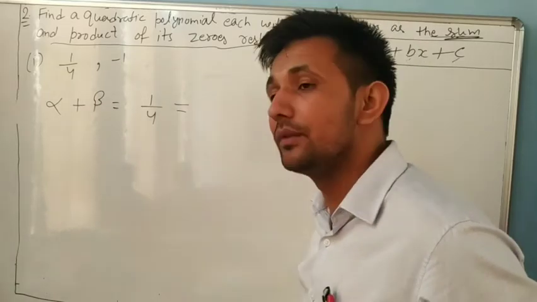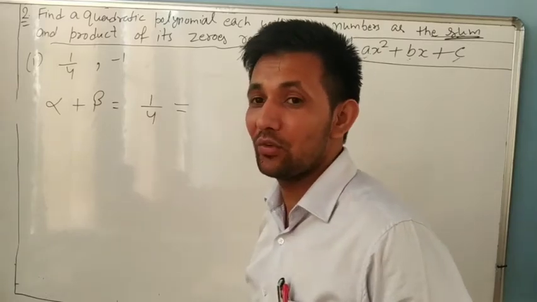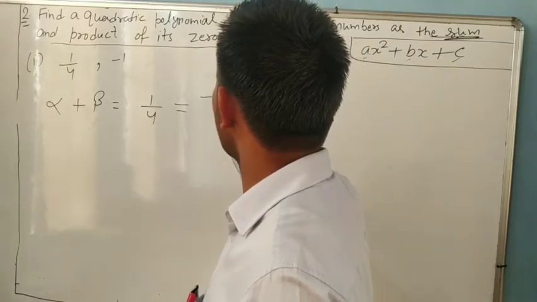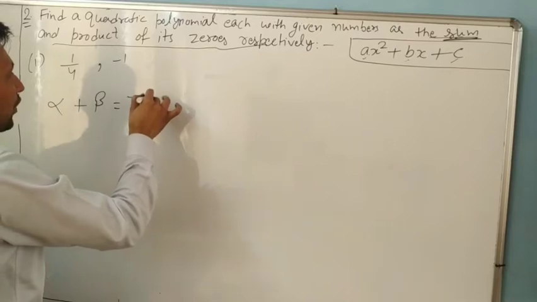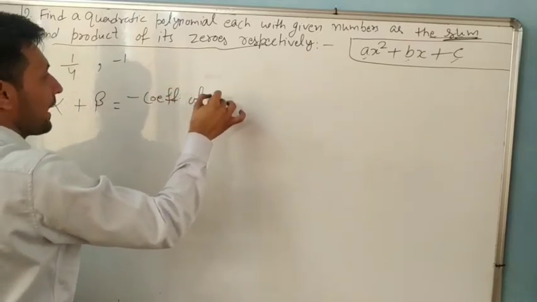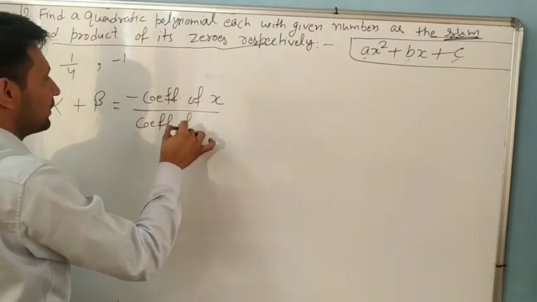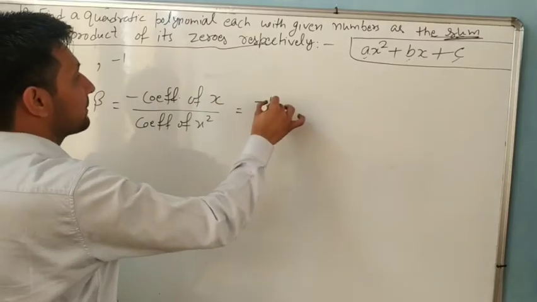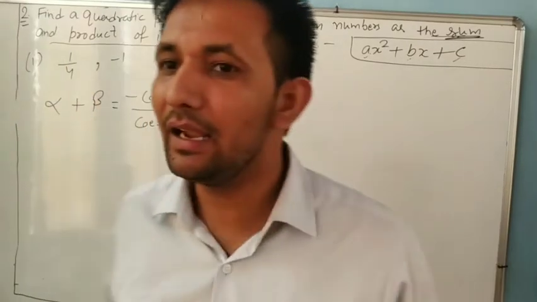What is alpha plus beta in the relation of coefficients? Alpha plus beta is always minus the coefficient of x divided by the coefficient of x square. Otherwise, you can write minus b divided by a, minus b by a.